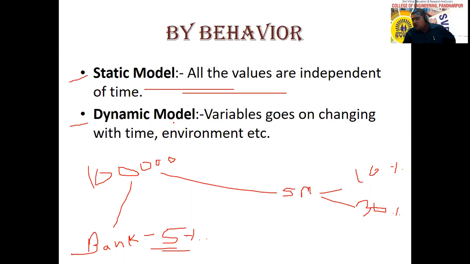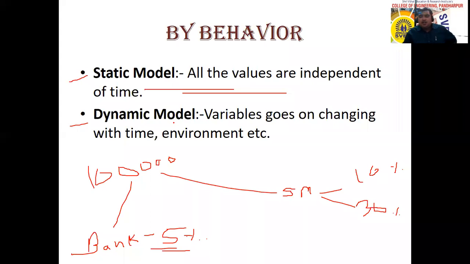If these variables are not going to change, then it does not have an impact on the particular output. By looking at this point, the models are decided. So what example have we taken? LIC premium.